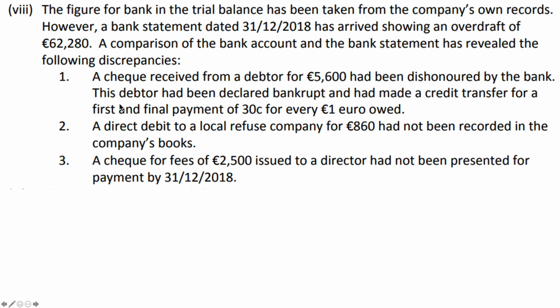This debtor had been declared bankrupt and had made a credit transfer for a first and final payment of 30 cents for every €1 owed. Number 2, a direct debit to a local refuse company for €860 had not been recorded in the company's books. And number 3, a cheque for fees of 2,500 issued to a director had not been presented for payment by the 31st of the 12th, 2018.